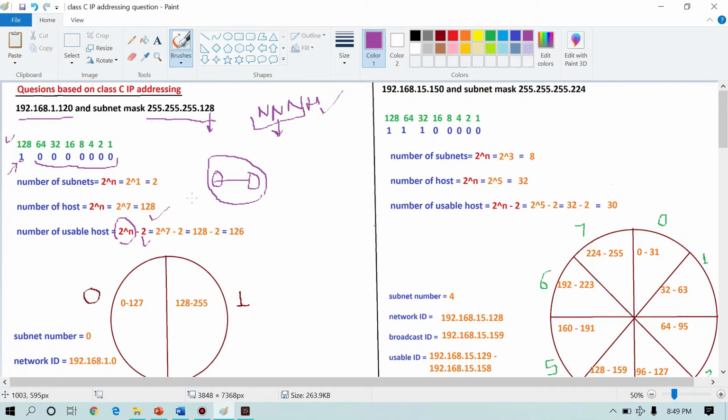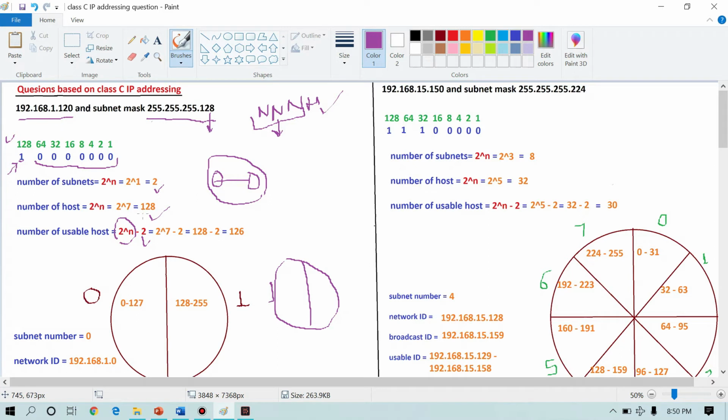Now we will see how many subnets we have. Here we have 2 subnets. So we will divide this big network into two parts because we have two subnets. And one more thing: how many hosts will be in one subnet?